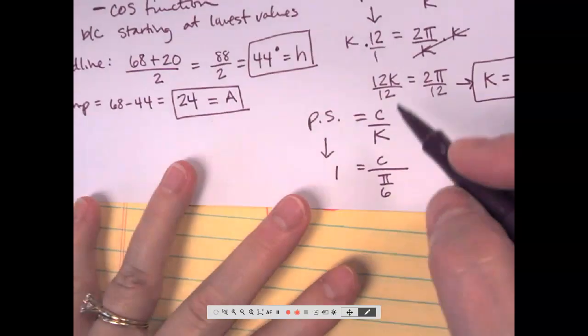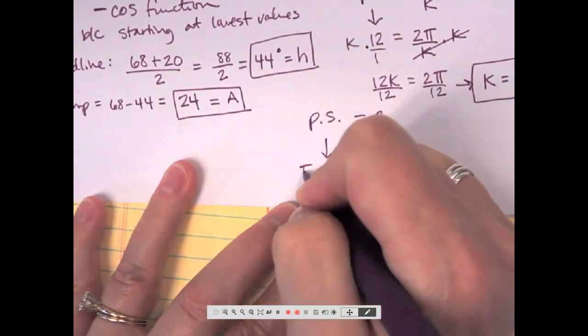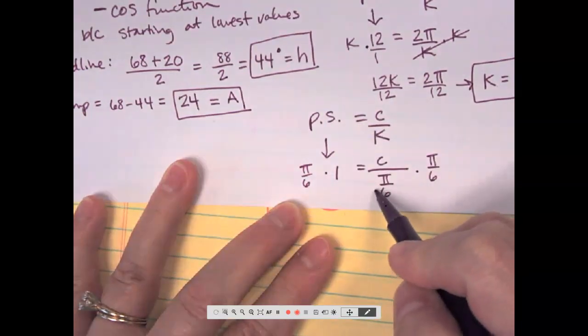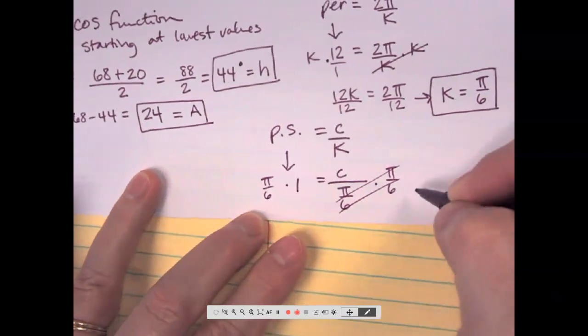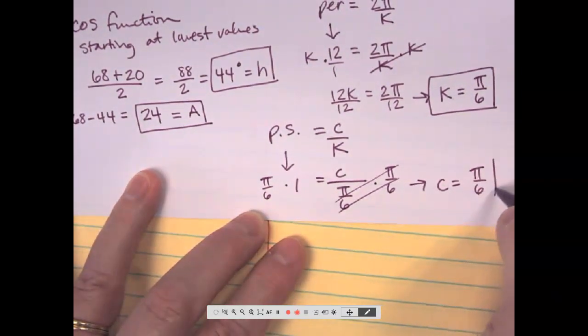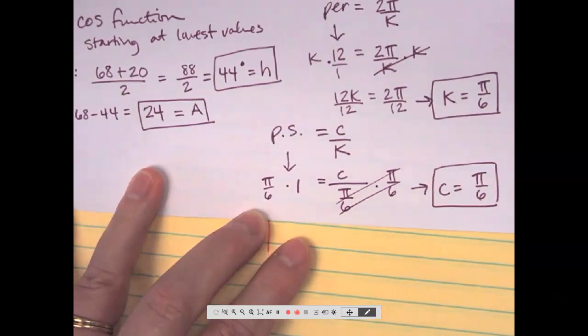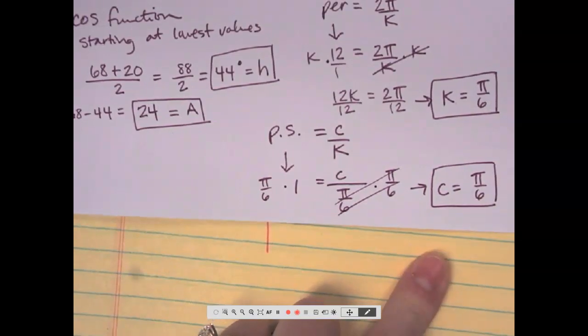Okay, so I'm going to solve this for C by multiplying both sides by pi over 6. And those cancel. And 1 times pi over 6 is just pi over 6. So I have C is also pi over 6. Now, because it shifted right 1, I'm going to use a minus in front of that C value.